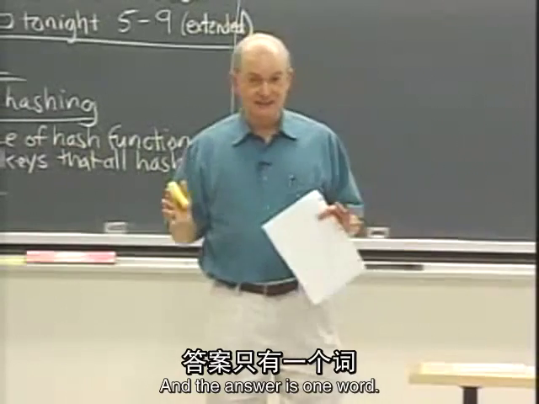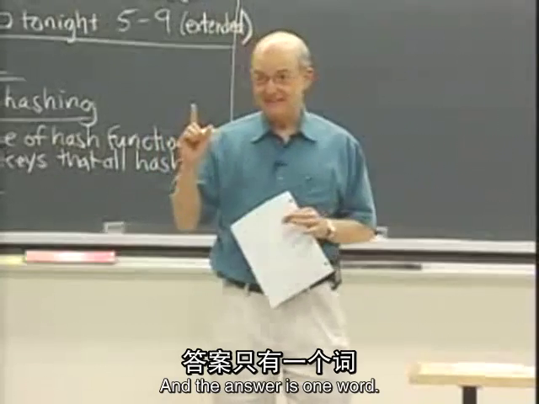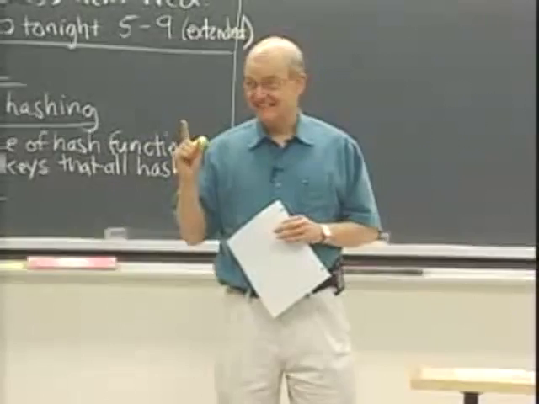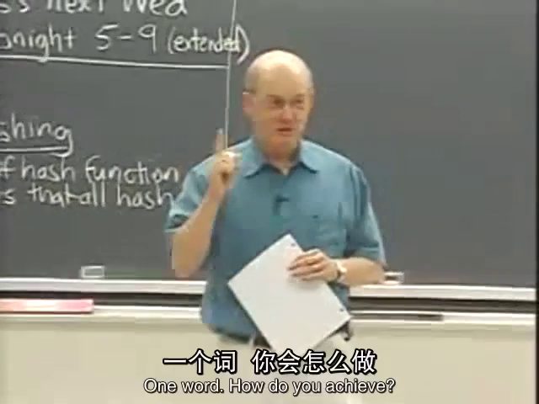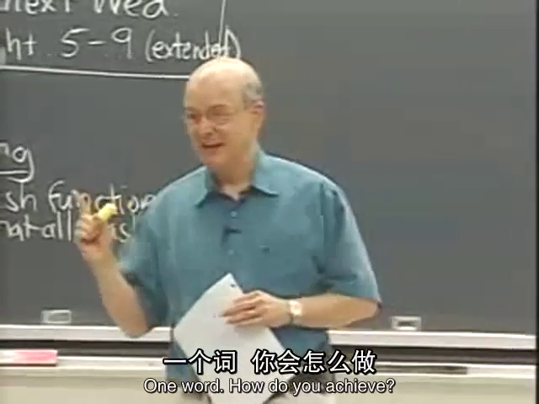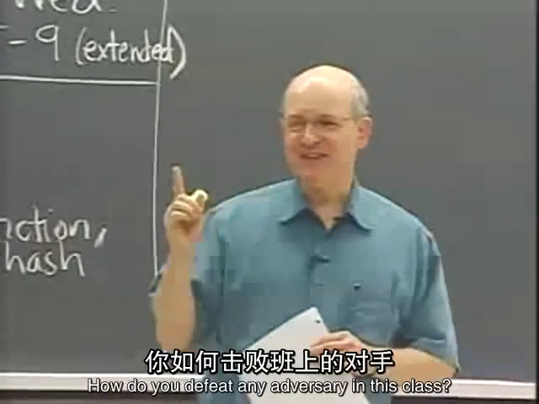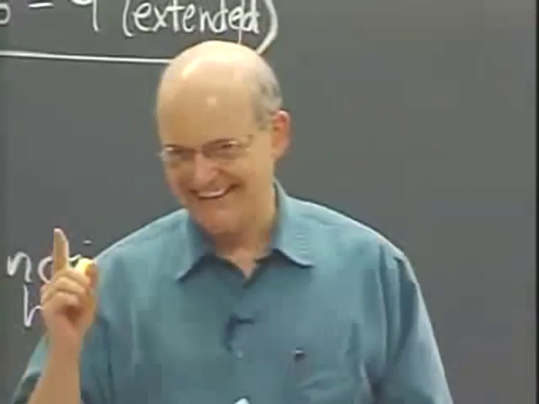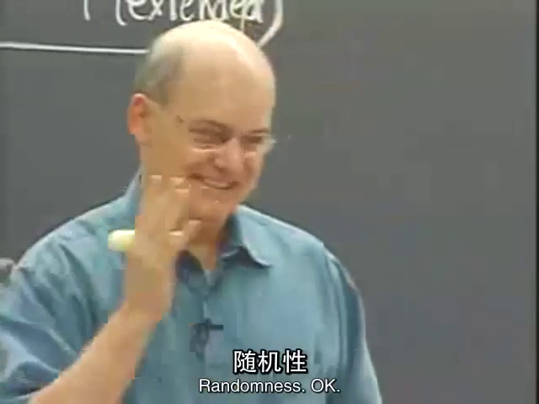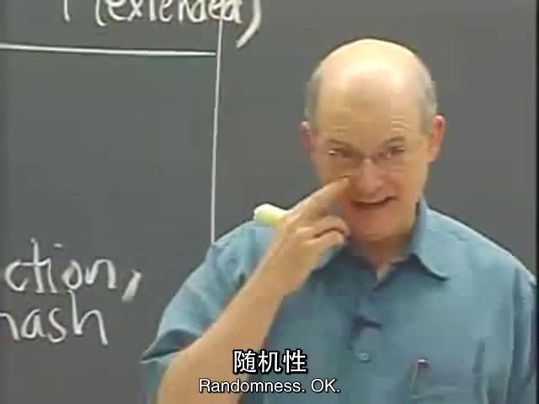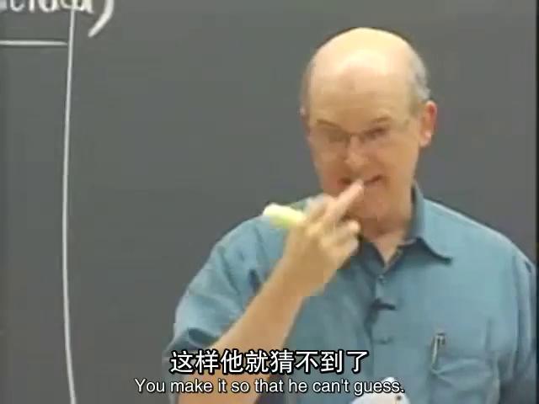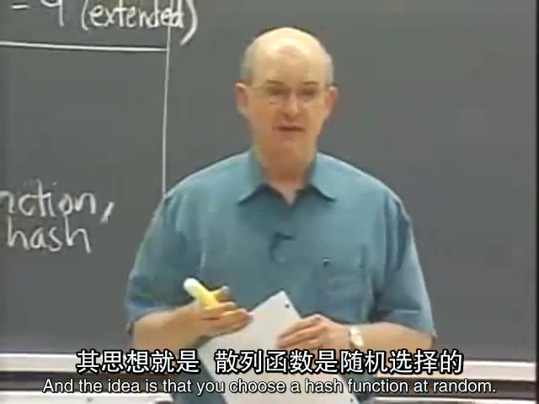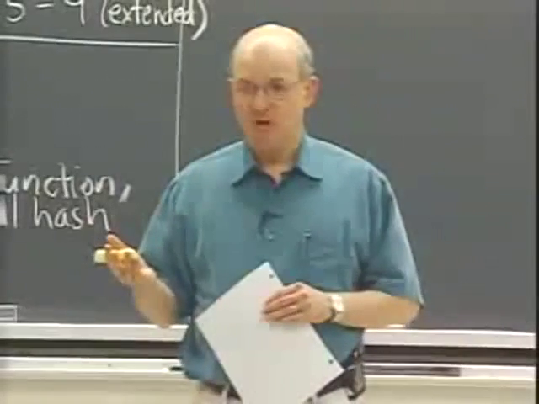The answer is one word. How do you cheat? How do you defeat any adversary in this class? Randomness. You make it so that he can't guess. The idea is that you choose a hash function at random, independent of the keys.